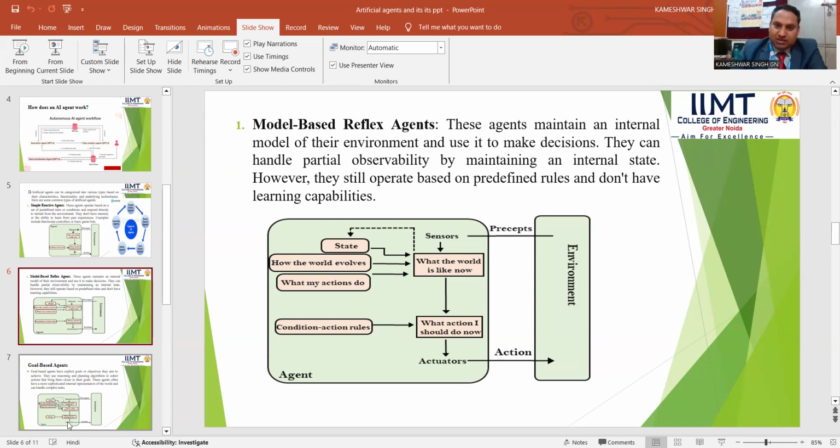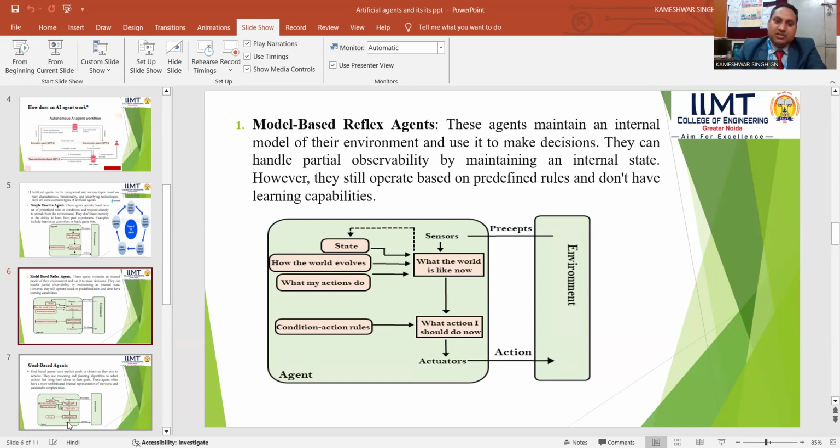So here is the environment. The perception is switch on the AC. After that, the model-based system goes to search whether anybody is present in the room or not, and what the world is like, what the state of the room is, what the internal state of the room is, how the world evolves, and what actions I should do if anybody is present in the room.